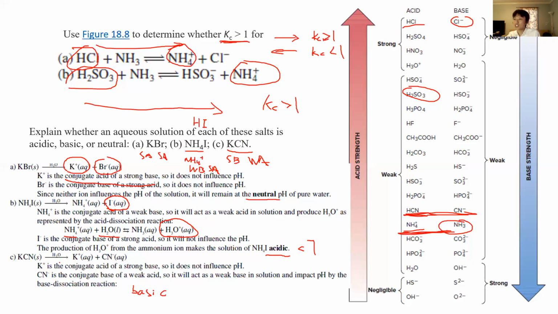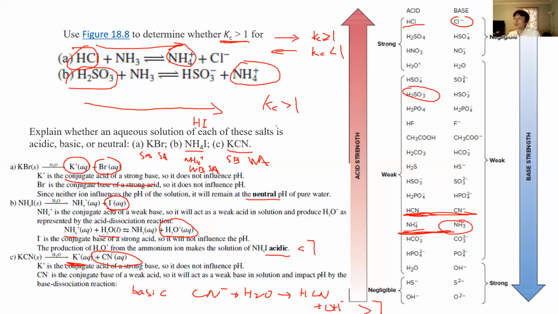The potassium doesn't react with water, but the cyanide by itself is going to react with water, generating HCN and hydroxide. Hydroxide will make the solution basic, so the pH is going to be greater than 7.